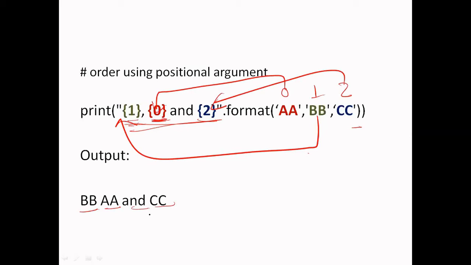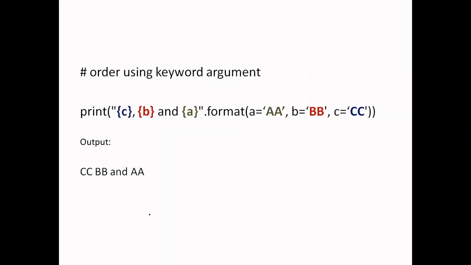There is another method using keyword arguments. In this case, we can specify the keyword's name to replace the respective value. So we can also shuffle these. In this case, I have used first keyword C, then B, then A. You can use any options. That means you can use A, B, C or C, B, A according to your need.